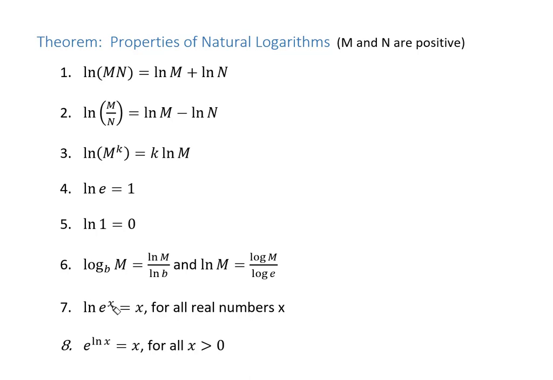Natural log of e to the x is x for all real numbers x, and e to the power of natural log of x will also be x. That's because these are compositions of inverse functions, and so the natural log and the e to the x are inverse functions, and when you compose them like this, or you compose them like that, then they cancel each other out, and we end up with x as our solution.